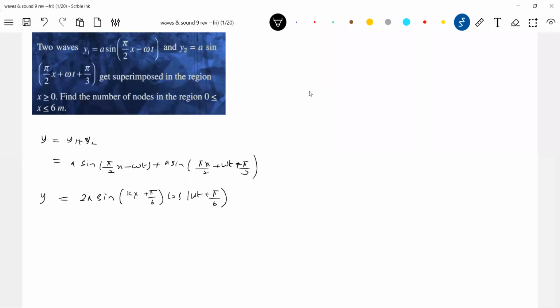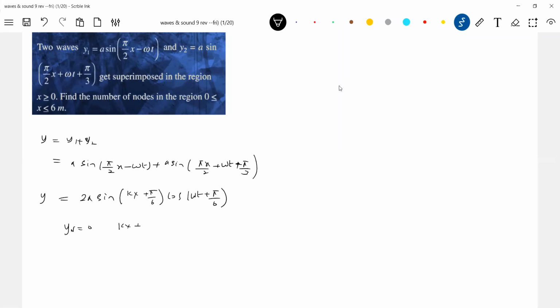Now for the position of nodes, the displacement of nodes should be 0, no? So displacement y of a node should be 0.